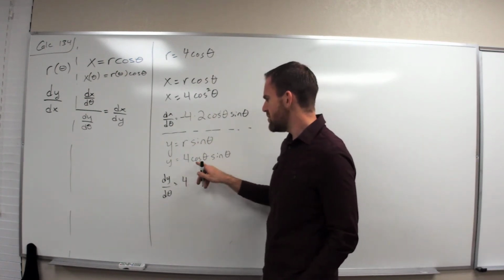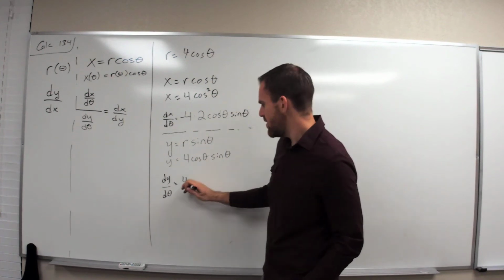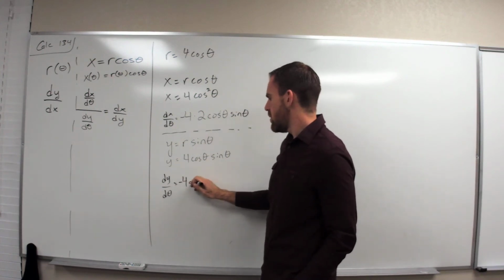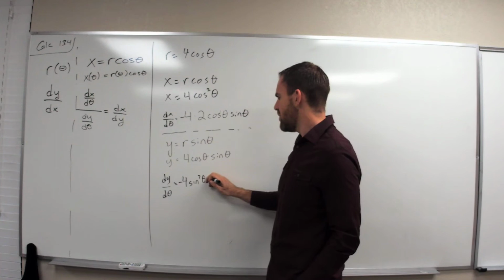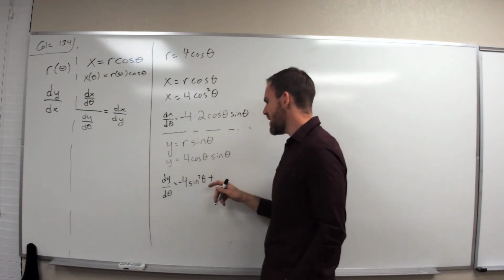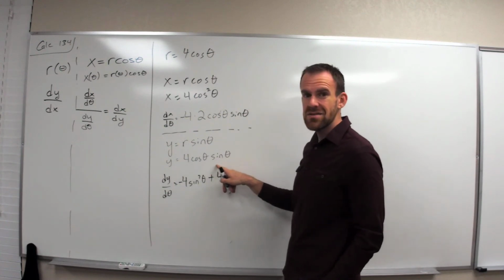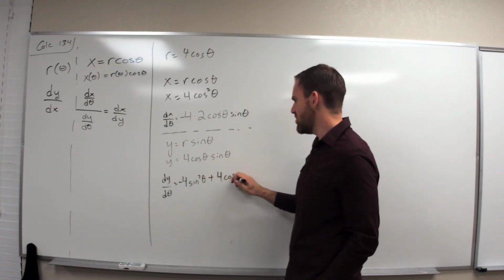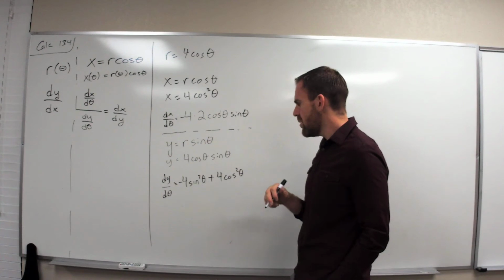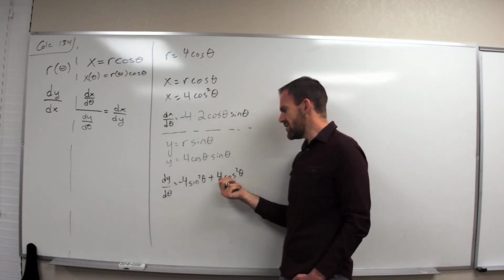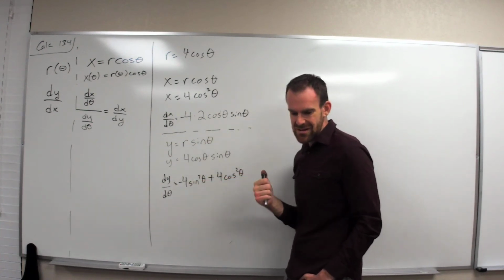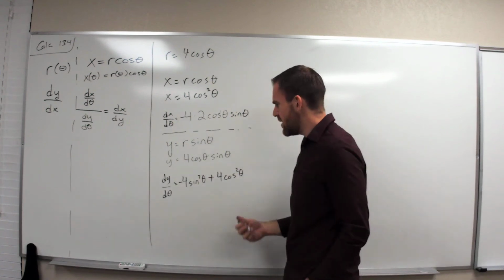So I have 4 times derivative of the first, which is negative sine, times the unchanged second, plus derivative of the second. Remember that 4 is going to distribute. Derivative of the second is cosine times unchanged first, so that's a cosine squared. I have cosine squared minus sine squared, so that doesn't help me at all, unfortunately.